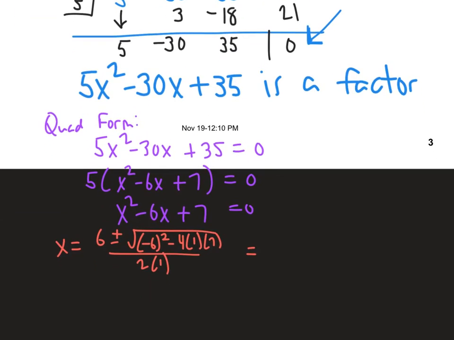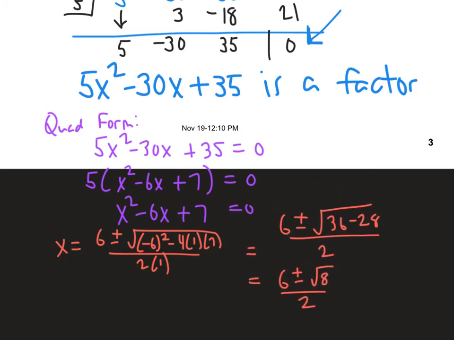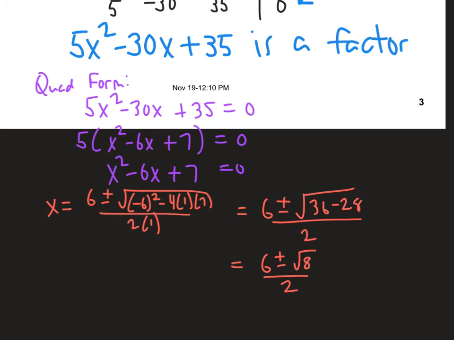Which is going to equal 6 plus or minus, let's see, what do we have under there? 36 minus 28, all over 2. So 6 plus or minus, 36 minus 28 is 8, over 2. Now we just need to keep simplifying. I'll move this whole thing up to give myself some room. So the square root of 8: remember how to break these down.